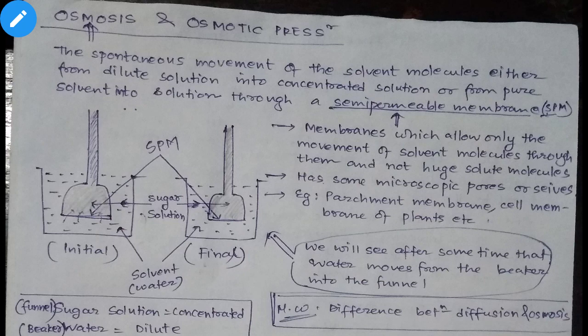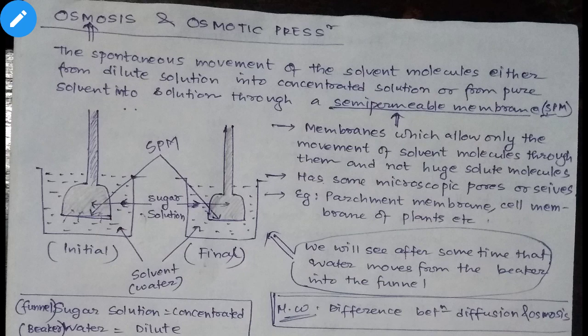Now first of all you will think, what is a semi permeable membrane? There are many types of membranes, you may have heard, but this is one kind of membrane which allows only the passage of the solvent molecules through it, and not the huge solute molecules.